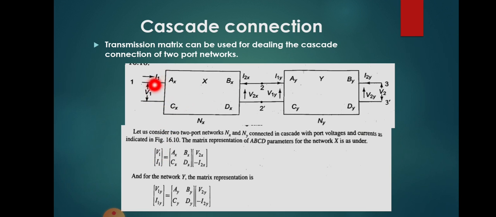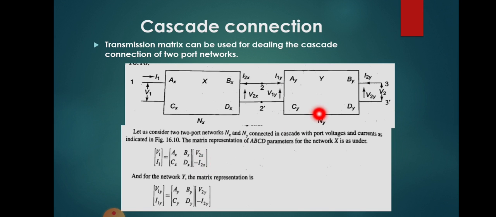Here we represent V1 and I1 in terms of V2X and I2X. So in transmission matrix form, V1, I1 will be equal to the matrix AX, BX, CX, DX, multiplied by the output matrix V2X and minus I2X.